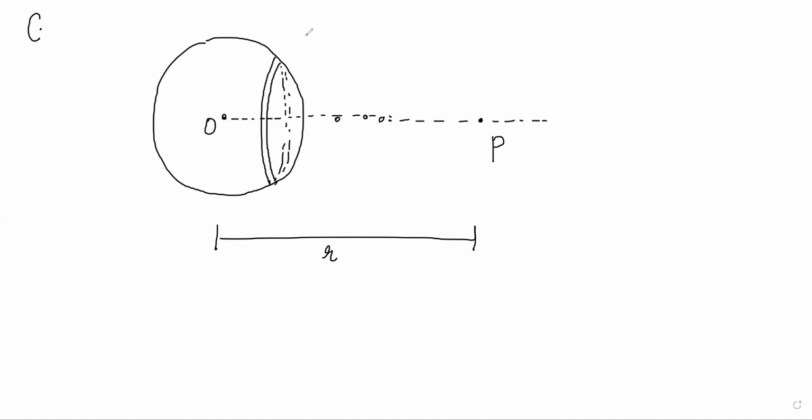What he's going to do is find the potential at a point P, which is on this center line through the center of the sphere. He will eventually do it in multiple cases, whether it is outside, inside, and so on. But right now, we'll mark it as having a distance of r from the center of the sphere. So O is here, P is here. And this derivation is super important because again and again it will be used later. So look at it carefully now. The radius here is a.